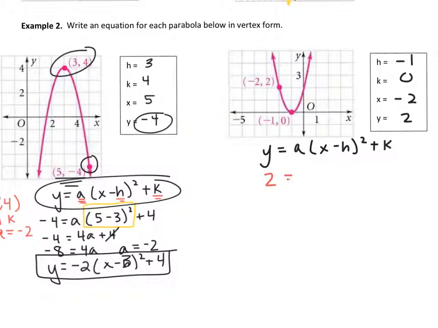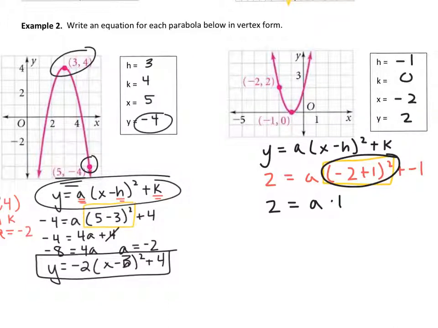So 2 equals a times (x, which is -2, minus -1 is going to turn into +1) squared plus -1. So I'm going to simplify this part. So it's going to be 2 equals a times -1 squared is 1 minus 1. And then add 1 to other side.